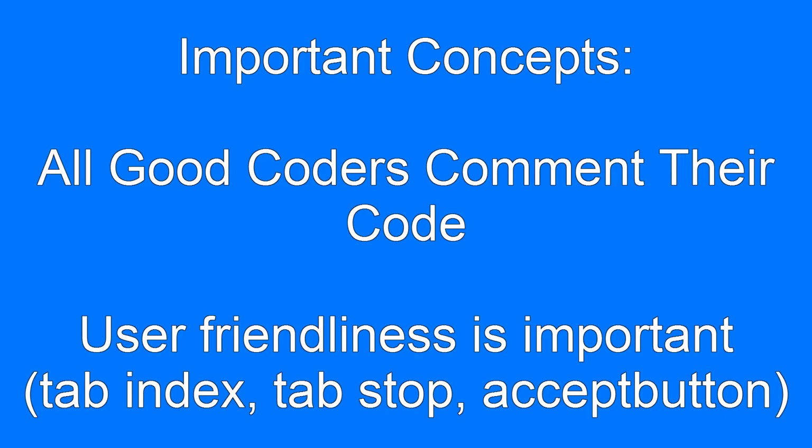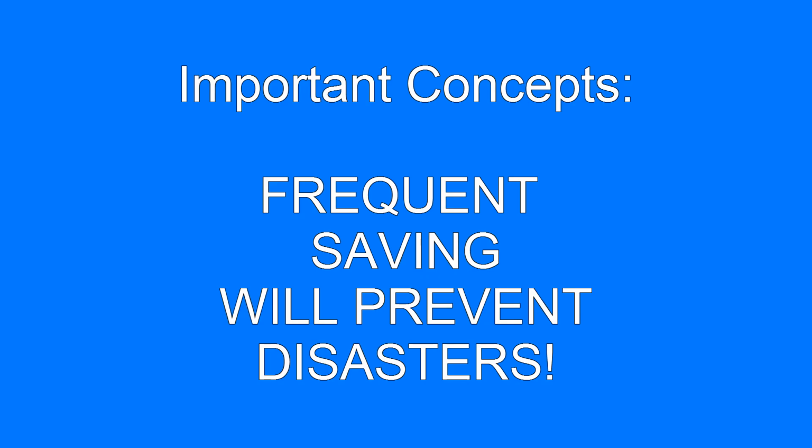Some important side concepts are all good coders comment their code. User friendliness is important, and the best properties to start with are tab index, tab stop, and the accept button. Keep in mind, frequent saving will prevent disasters. No one wants to lose their code, especially when they've been working on it for hours.